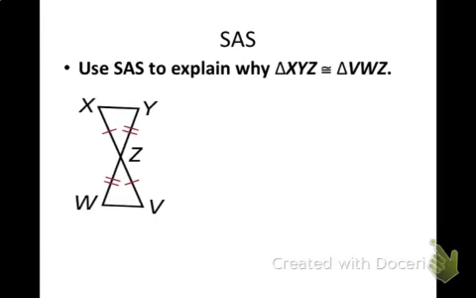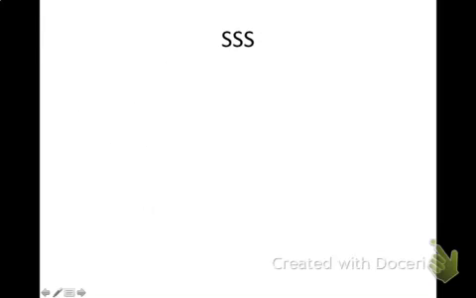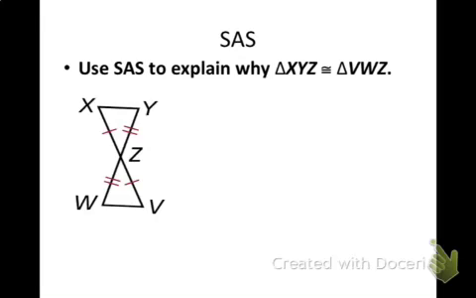So here we have what we call a vertical angle happening right here. And what vertical angles are is they're formed by intersecting lines, and they are non-adjacent angles. So this angle is congruent to this angle right here because they're formed by the intersecting lines like that.